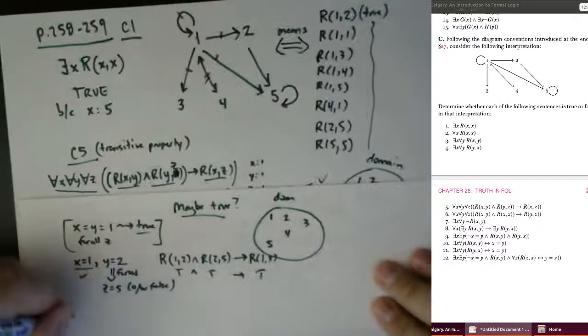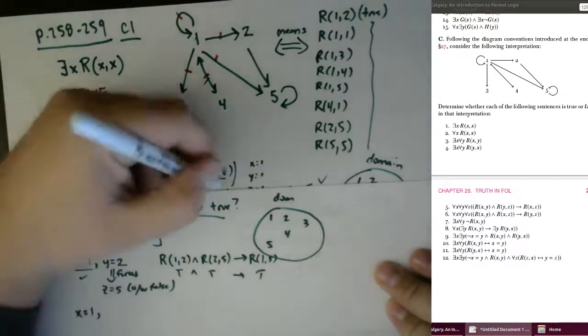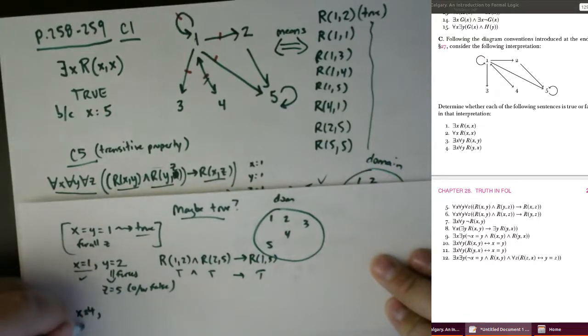I'm convinced it's not true. If I set x to 1, no, I don't want x to be 1 because of the right side. So if I set x equal to 4 and y equal to 1 and z equal to, let's see, maybe 3.